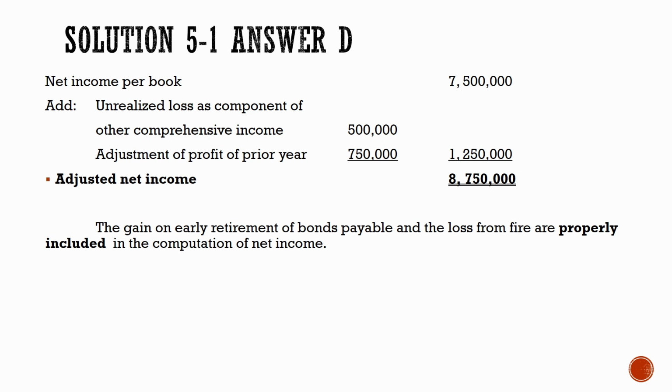The adjustment of profits of prior years due to the correction of an error is a prior period adjustment and should also be added back to the current year's income. As a result, the current year's adjusted income will be 7,500,000 plus 500,000 plus 750,000, or 8,750,000, which is letter D.